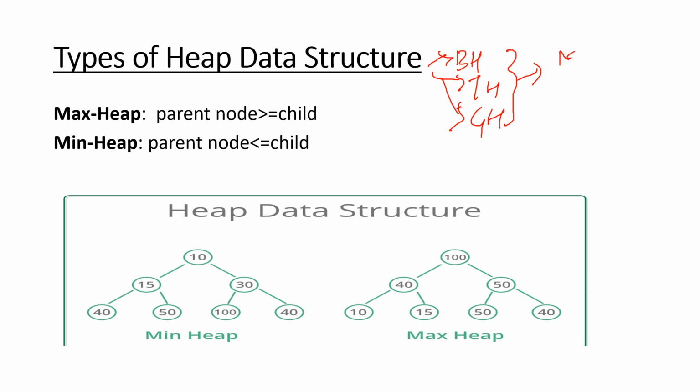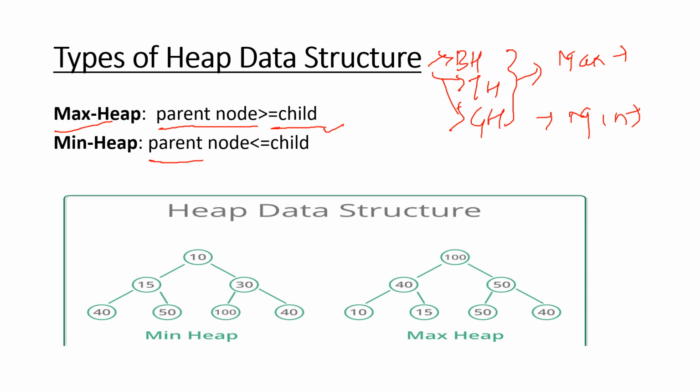One is max heap, another is min heap. The name is saying it: max heap means that the parent node is greater than or equal to its children. Min heap means that the parent node is less than or equal to its children.